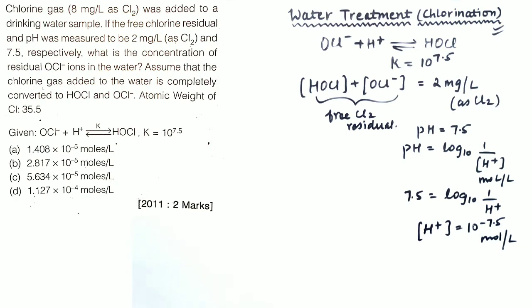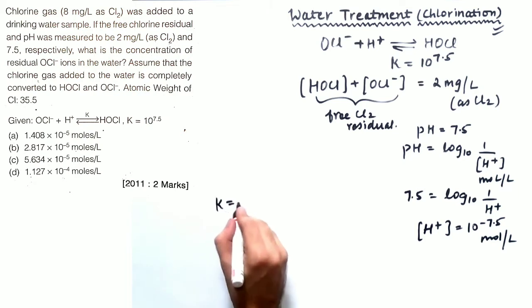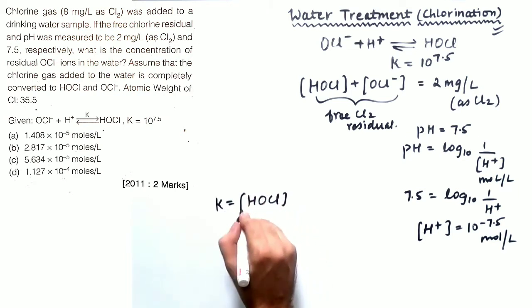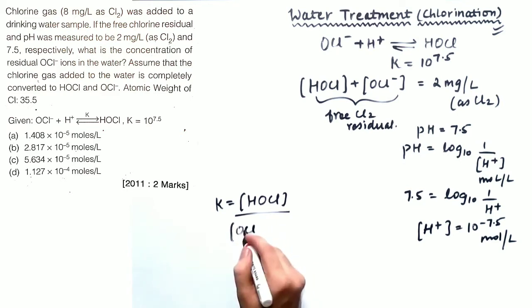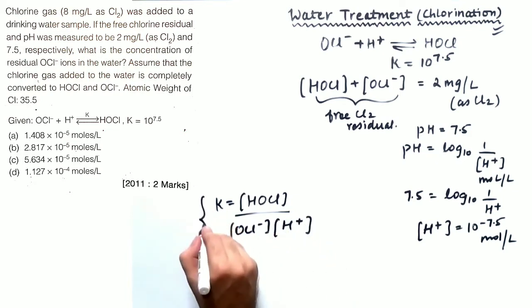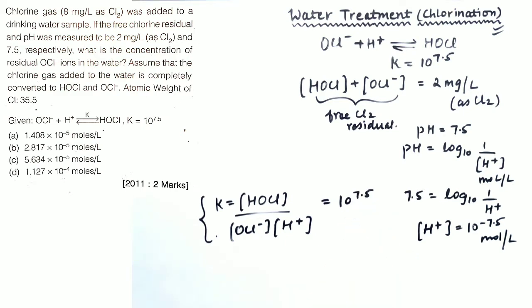Now you know what K is. This K, the reaction constant, is equal to the right hand side term of the equation divided by the product of the left hand side terms. This equation can be traced from your basic chemistry of 11th and 12th standard. So this is equal to 10 to the power 7.5.